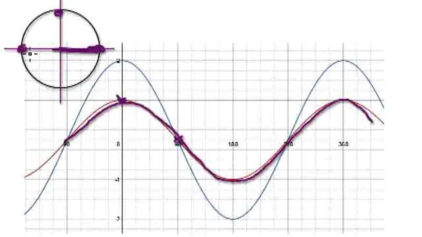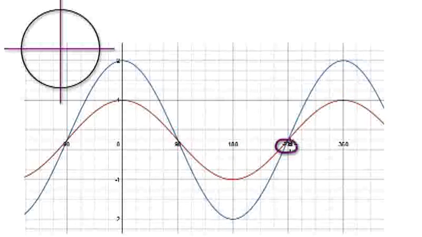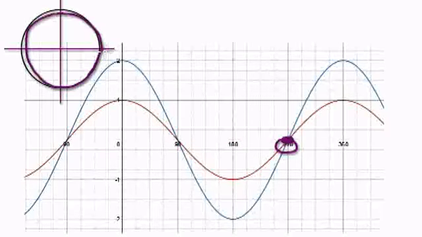At 180, the width here is -1. At 270, the width is 0, and at 360 it would be +1.